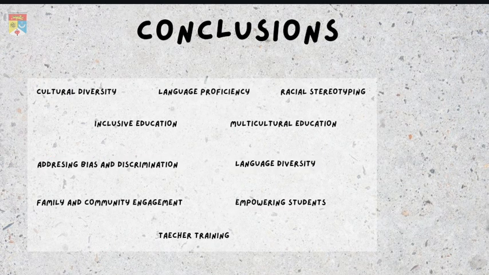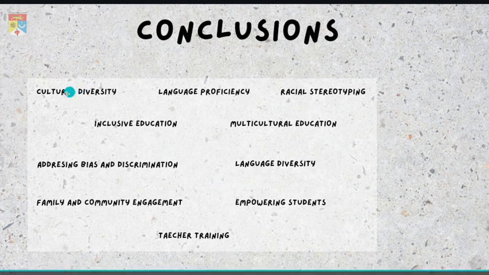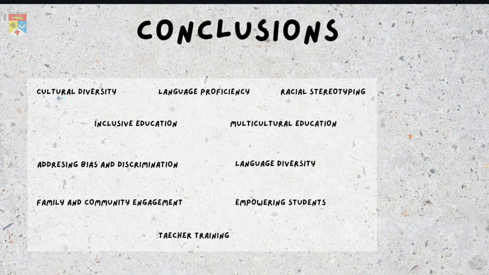For the conclusions, we are going to take a look at the Malay, Semai, and Indian races in Malaysian primary schools. The first one is cultural diversity. The primary school setting in Malaysia reflects a rich tapestry of cultural diversity, with Malay, Semai, and Indian students representing distinct ethnic backgrounds. The second one is language proficiency.